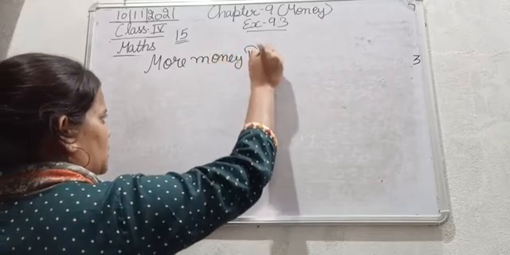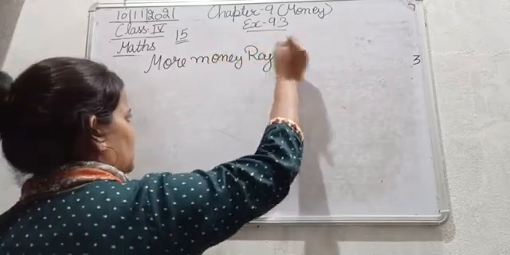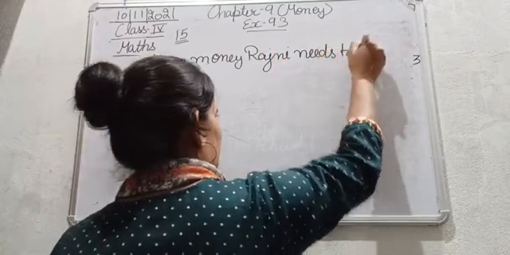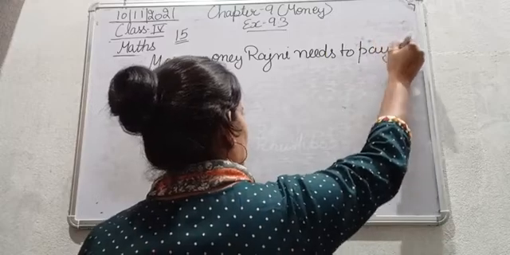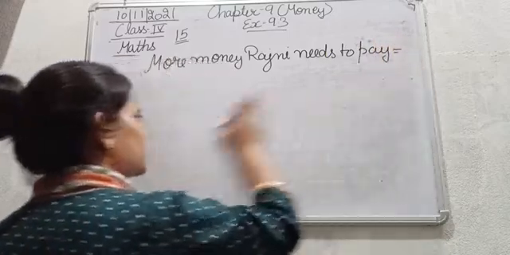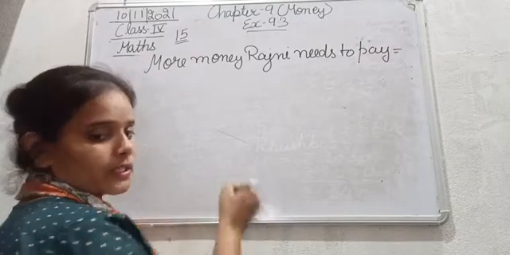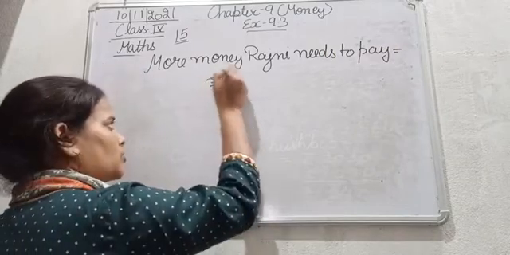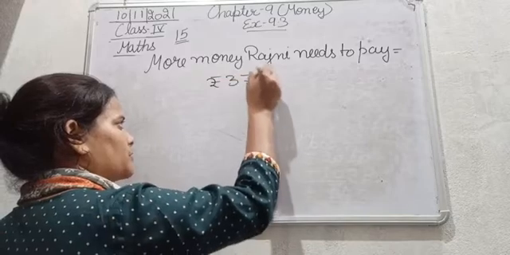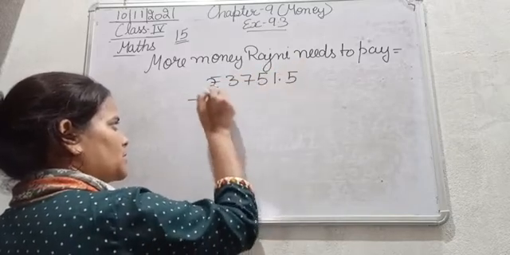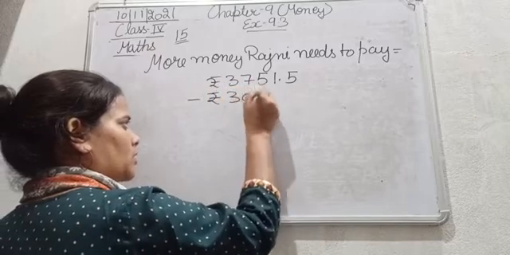We will calculate by subtracting the total amount given from the total cost. So the total cost was 3,751 rupees and 50 paisa minus rupees 3,000.